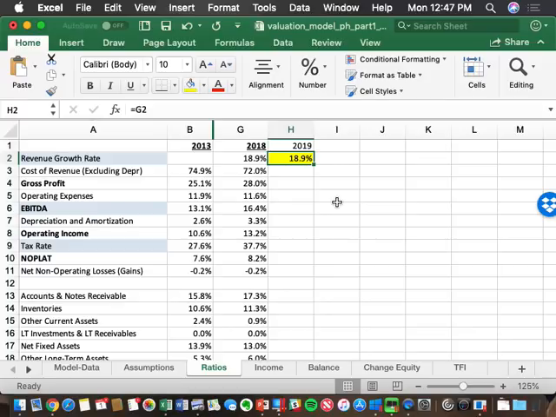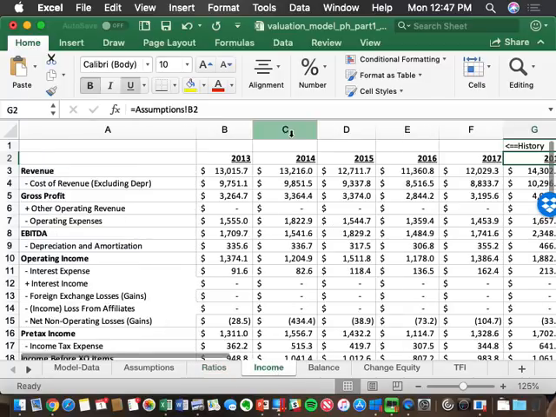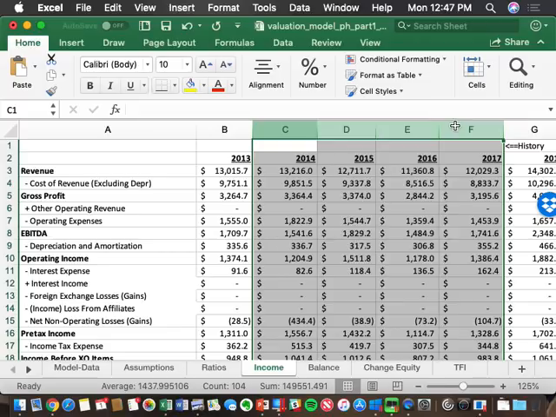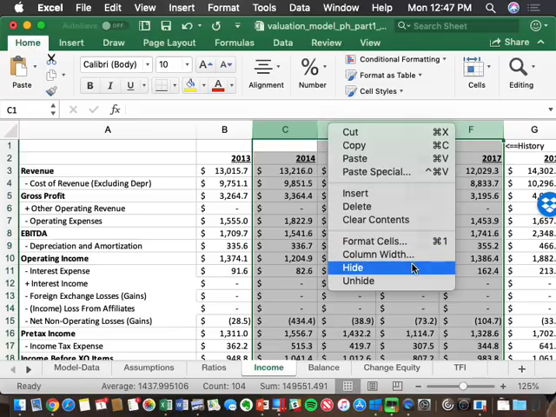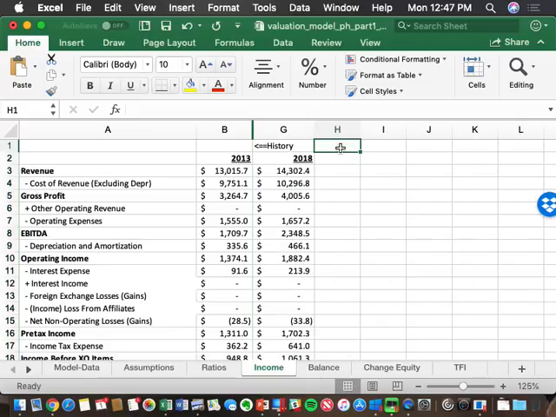Okay? So let me quickly show you the relationship between the statements. If Parker Hannifin were to grow an additional 18.9% in 2019, if I were to go to the income tab, and again, I'm going to hide some of these historical years, we are going to eventually create a forecast. Equals previous year plus 1.